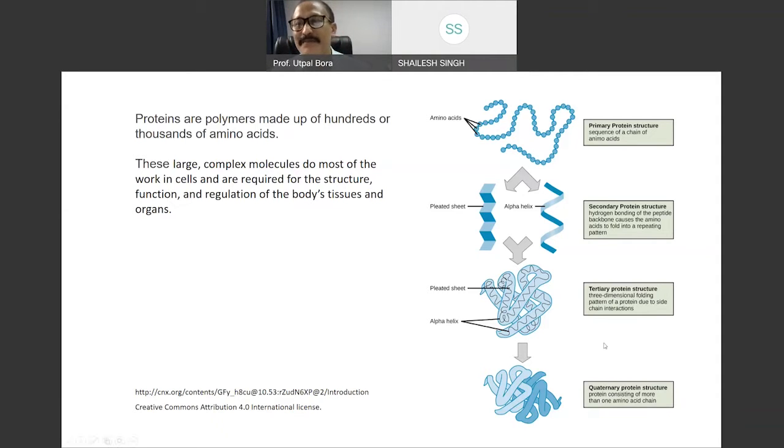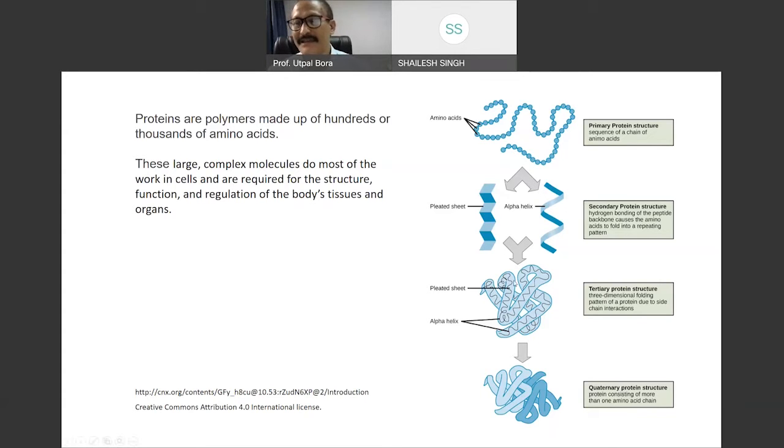Now, these primary chains of amino acids, as you can see on the left-hand side, will fall into higher order structures. They turn into a coil-like structure, which we generally refer to as the alpha helix, or they may form a planar, two-dimensional structure, which we call pleated sheets, basically the beta sheets.